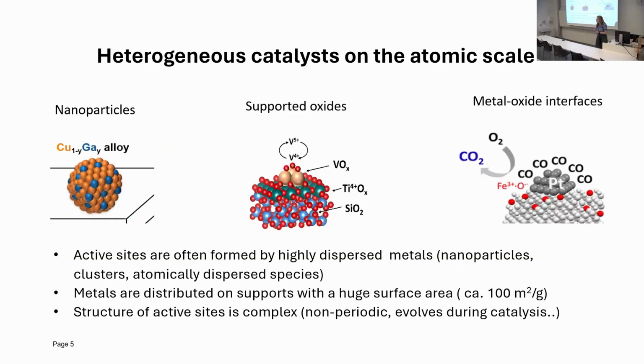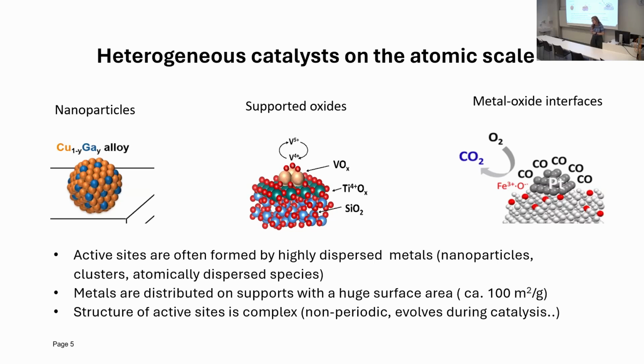And what are heterogeneous catalysts? Heterogeneous catalysts are the catalysts which are typically desired by industry, because they are typically solids with very high surface area, which contain typically metals or metal nanoparticles, or some clusters, or even atomically dispersed species.